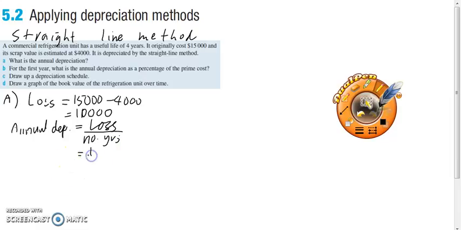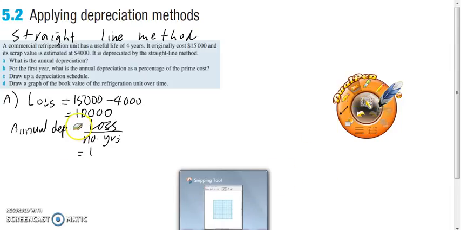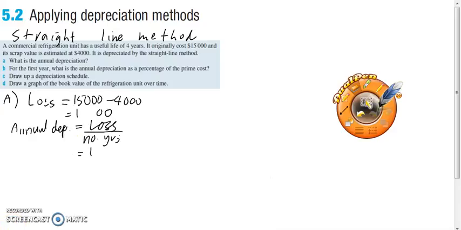So in this case, sorry about my writing up there, I just realised I've written 10,000 and that should say 11,000. It's 11,000 divided by 4 years. So we do 11,000 divided by 4, we get 2,750. So what that means is that using this method, the fridge is going to drop $2,750 in value every single year until they get rid of it.